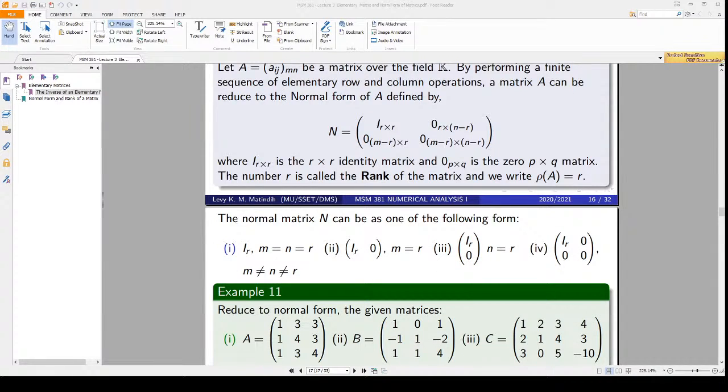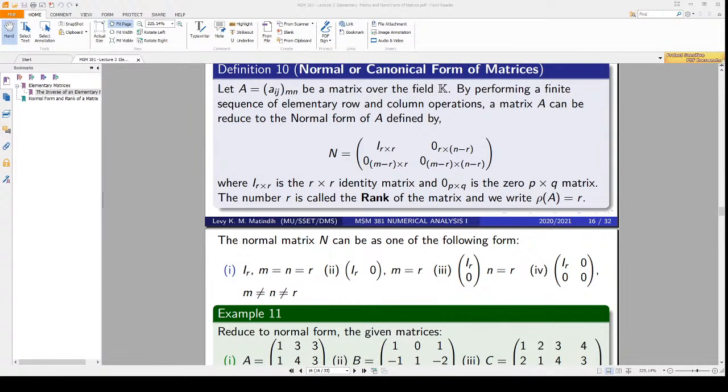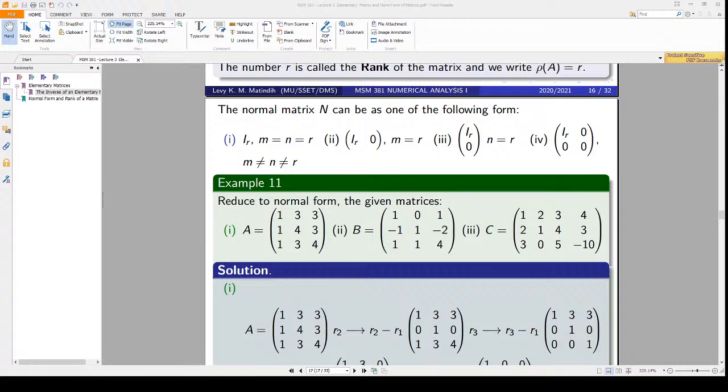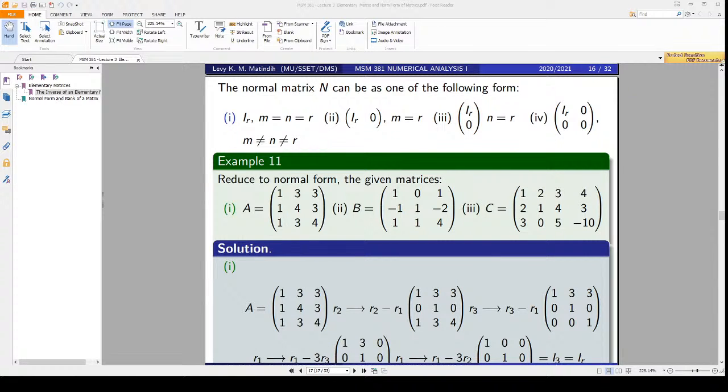The normal matrix in definition number 10 can also be of one of the following forms.